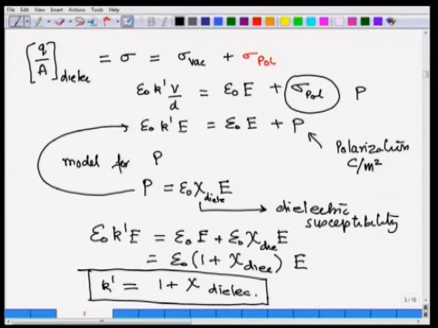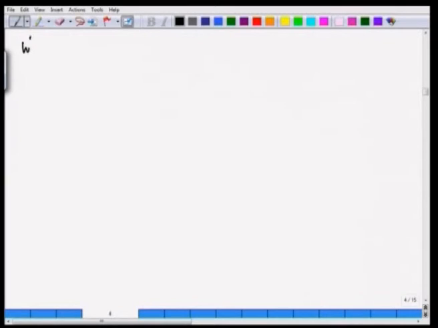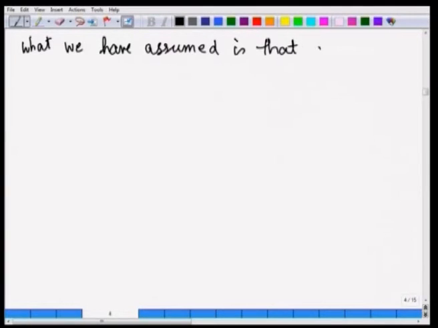All right. So this is something you had known very well. Now what I am going to do is something else. What we have so far assumed is that the dielectric is ideal, non-leaky.